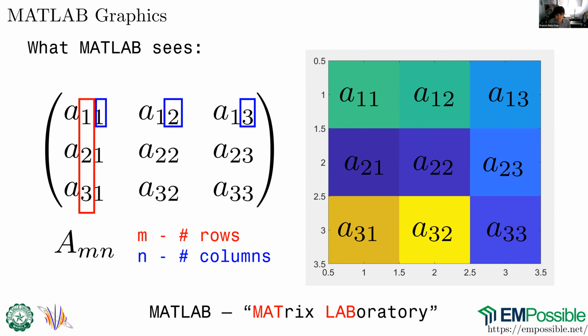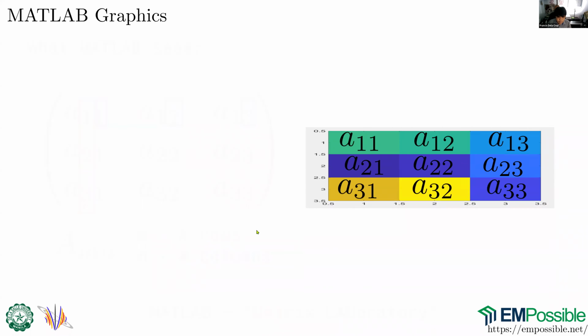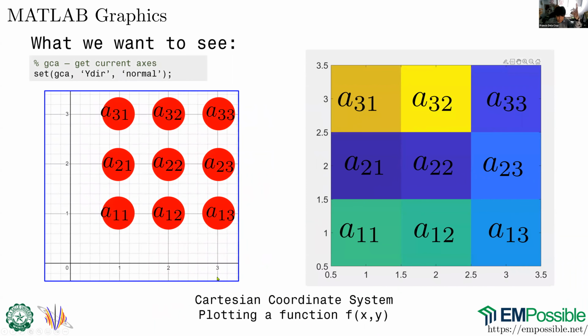But it is not something that we want. We want a Cartesian coordinate system if it is based on our application. So we need to flip the entire matrix, or we need to flip the entire imagesc using the YDir. So it would look like plotting a function f of x. Sometimes I'm not particular with this. Sometimes I will just let it go from 0.5 to 3.5 and so on.